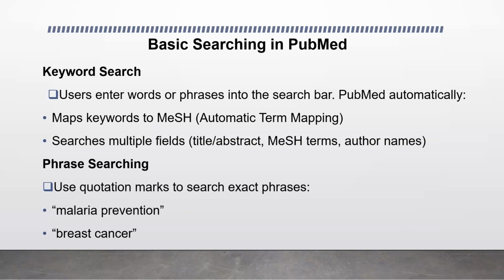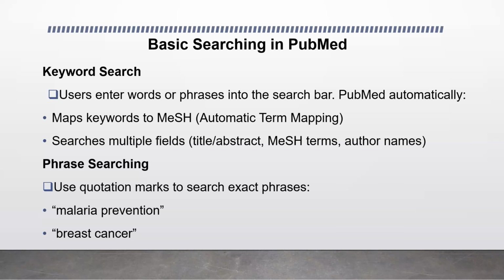You can enter words or phrases into the search bar, and PubMed can automatically map the keywords to MeSH terms, which is called automatic term mapping. We'll see how it works. So normally when you put words or phrases in the search bar, PubMed automatically does the term mapping.